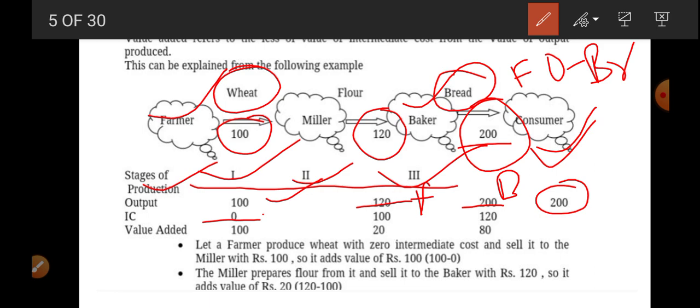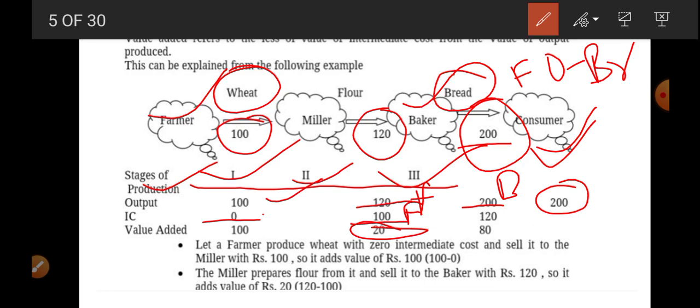Okay, now the flour mill purchased wheat at 100. So here he just added 20 rupees, and the 100 rupees he paid for the wheat. The wheat is the intermediate cost for the flour mill.